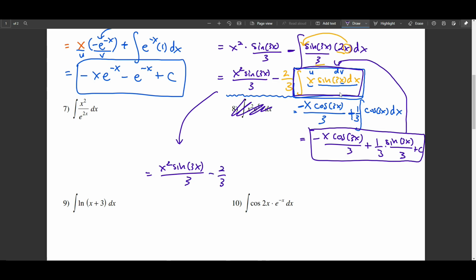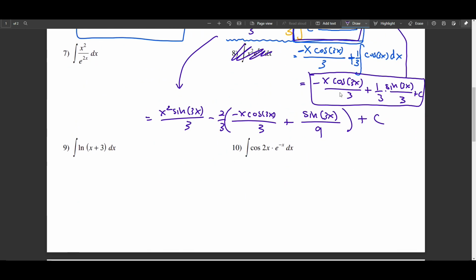And then within this box, I'm going to put all of this in there. So minus x cosine 3x all over 3 plus 3 times 3 at the bottom is 9 sine 3x. And then the plus c, I'm just going to write out in the front, because it doesn't really matter. What matters is what c is at the end.